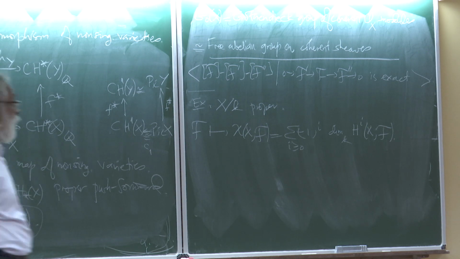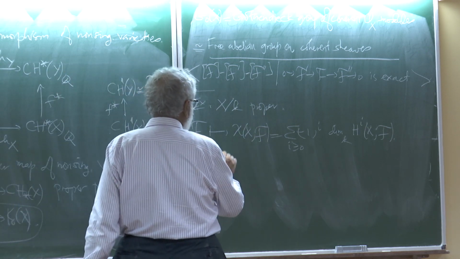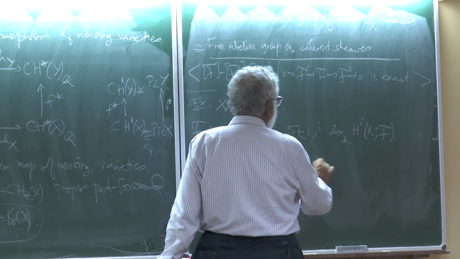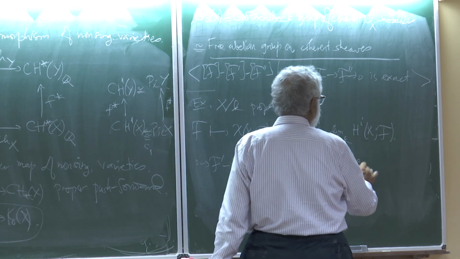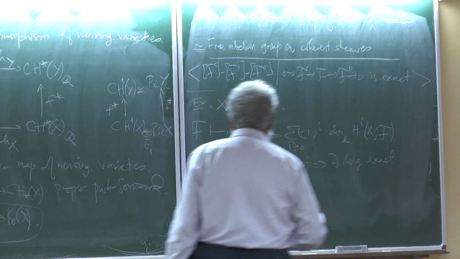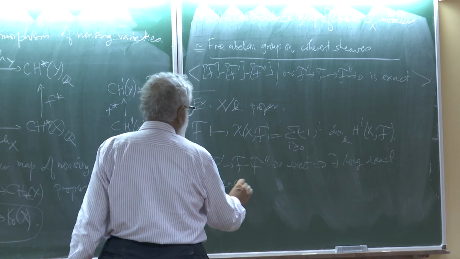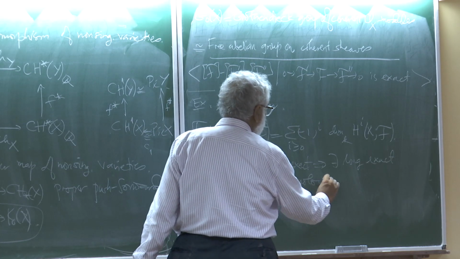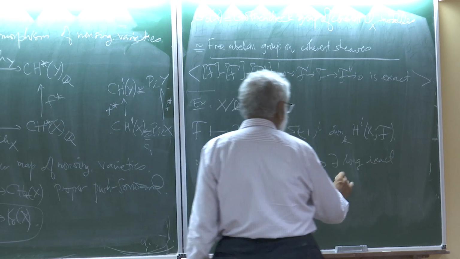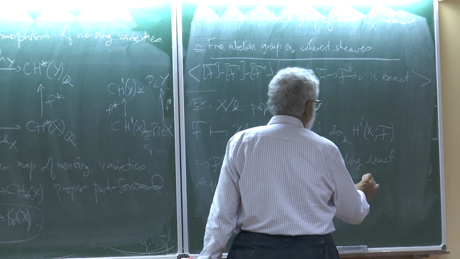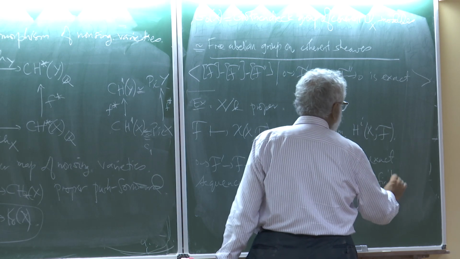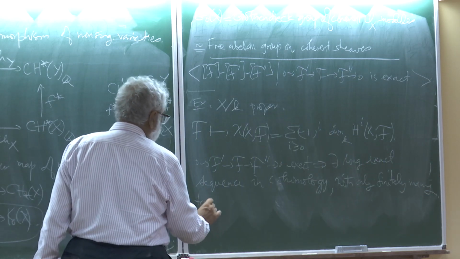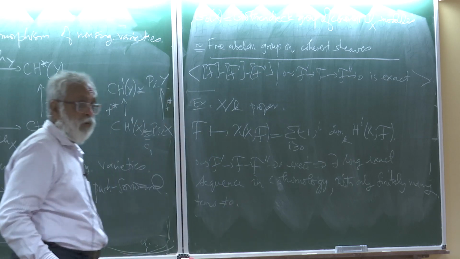And it does have the property that if I have a short exact sequence of sheaves, then there exists a long exact cohomology sequence in cohomology, but an important part is with only finitely many terms which are non-zero.